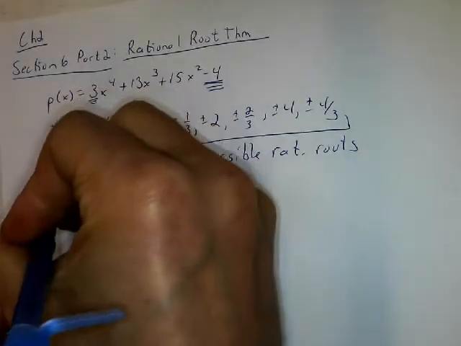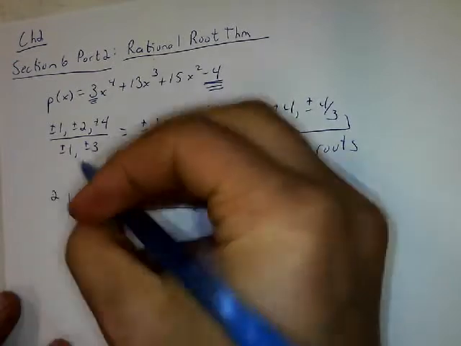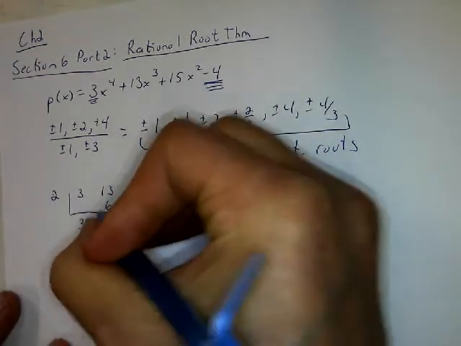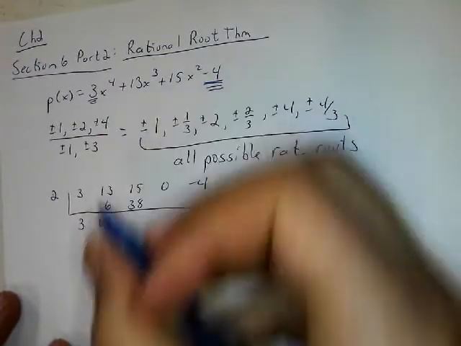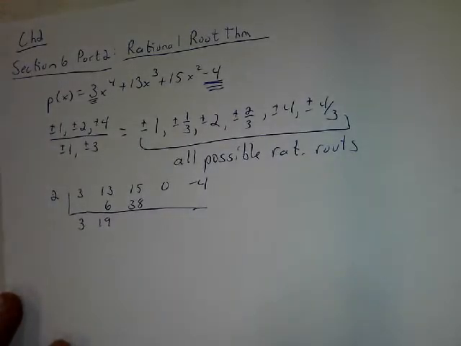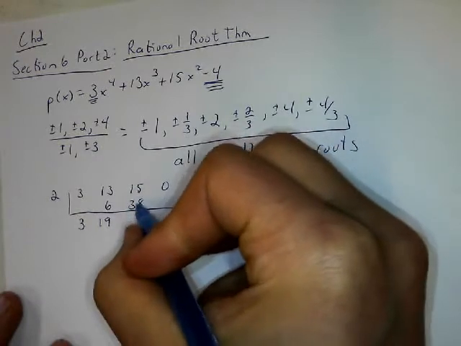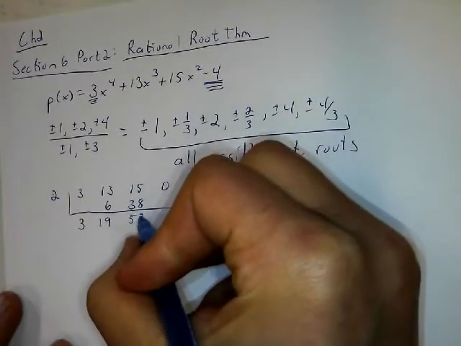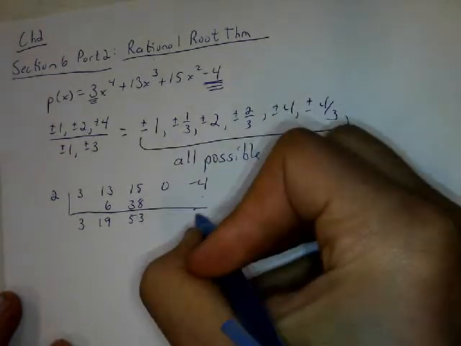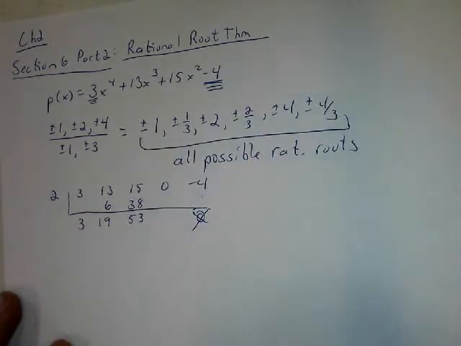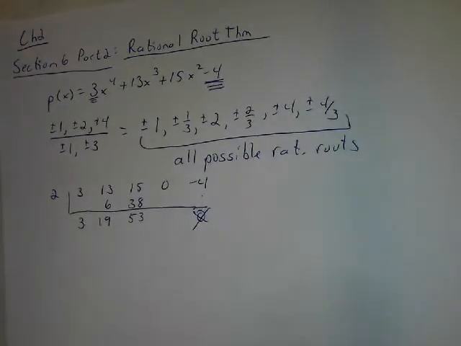I'm going to pick the number 2. 2 times 3 is 6. Add them to get 19. 2 times 19 is 38. I'm going to stop there because you can already tell that you're not going to make it. You can add these together to get 53-ish, and next time you double, you get 100. There's no way you're going to cancel out and get 0 here. So 2 does not work.